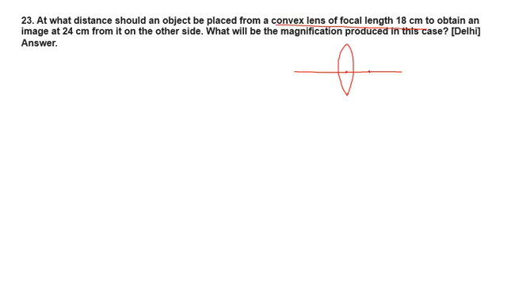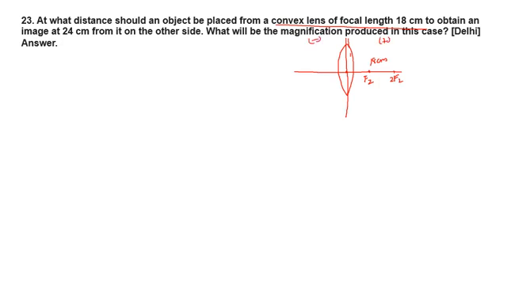This is F2 and this is 2F2. My F2 is 18 centimeter, and because it is on this side, we should know the Cartesian sign convention. It is on the plus side, and this is the negative side, so 18 is on the plus side.